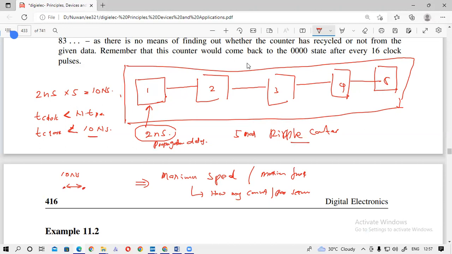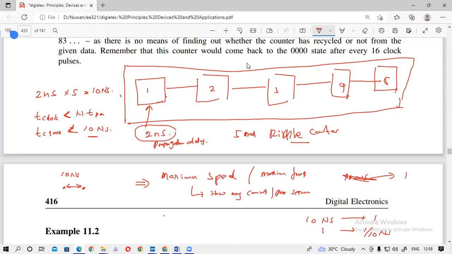That is what this means. For one count, you need at least 10 nanosecond. So how many counts per second? You have to divide 1 by 10 nanosecond. So that is the counting frequency.